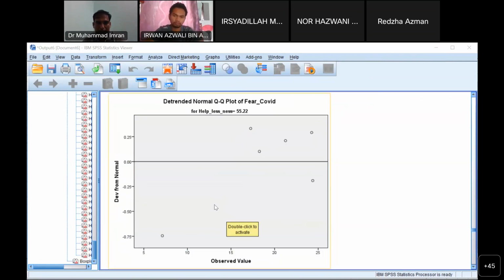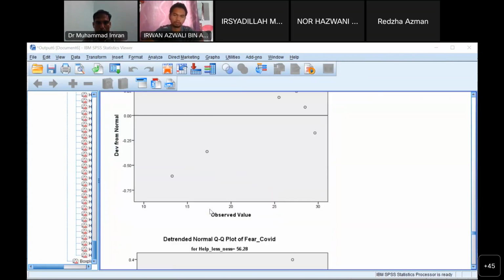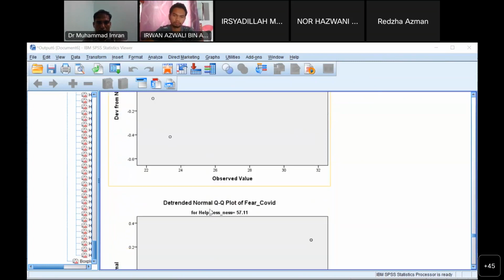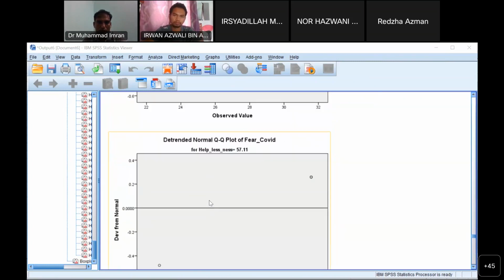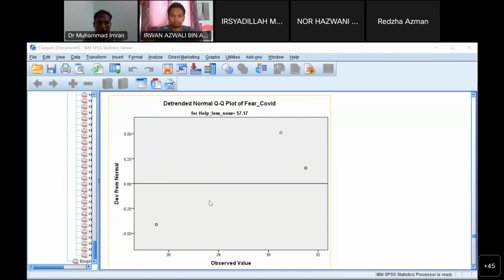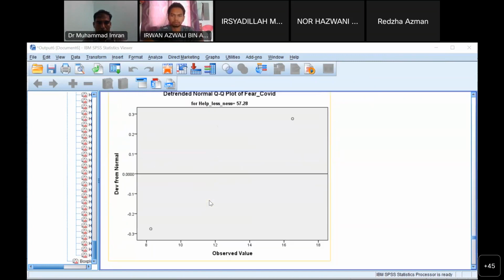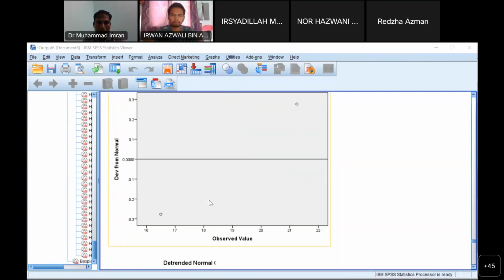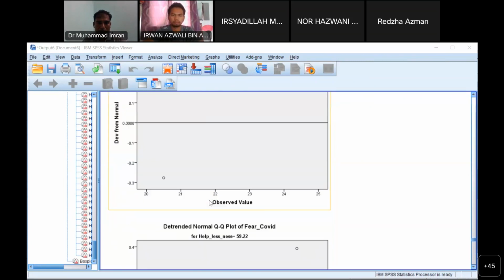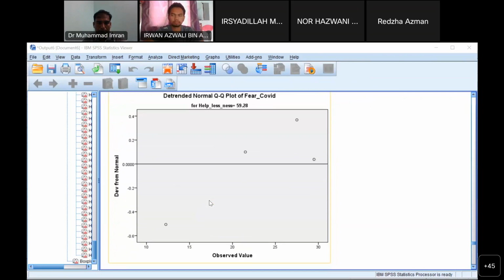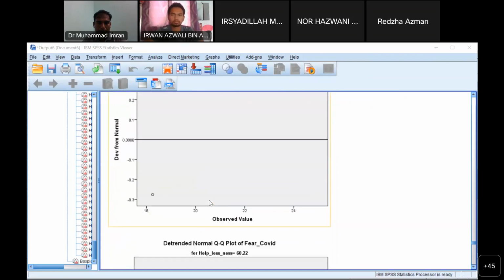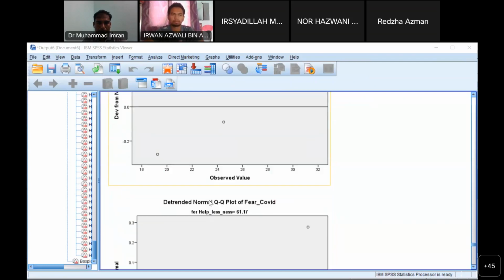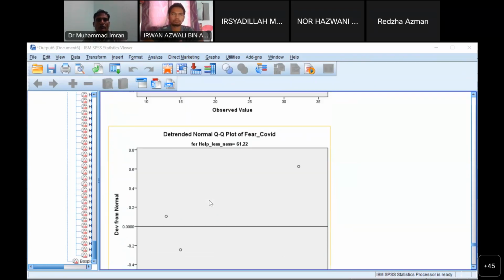See here, this is our QQ plot. Wait. Our data is so flat.